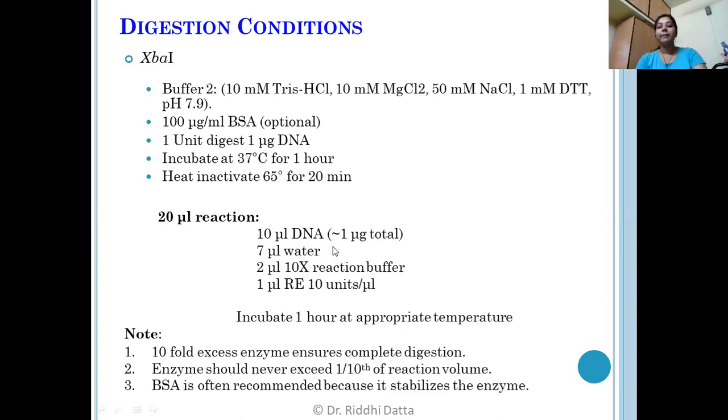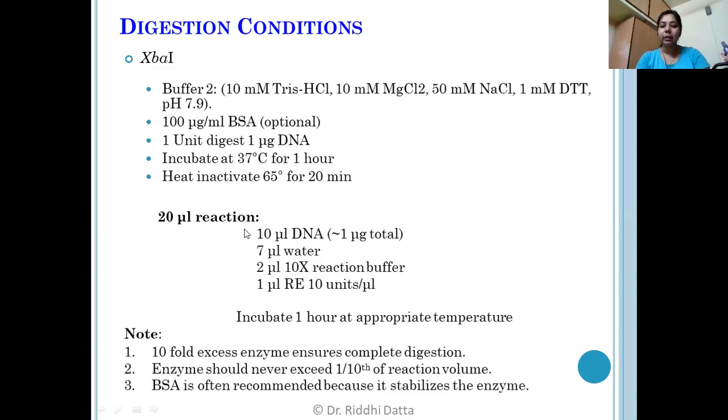So the water must be nuclease free. Then we will need the optimum buffer, and this reaction buffer must contain magnesium chloride. In some cases, we need BSA. For some enzymes, BSA is optional and it depends on which enzyme we have selected. And of course, we need the restriction enzyme.